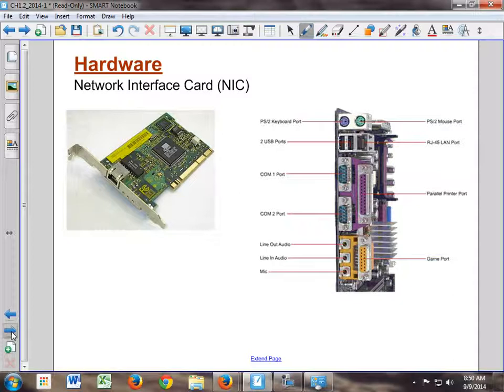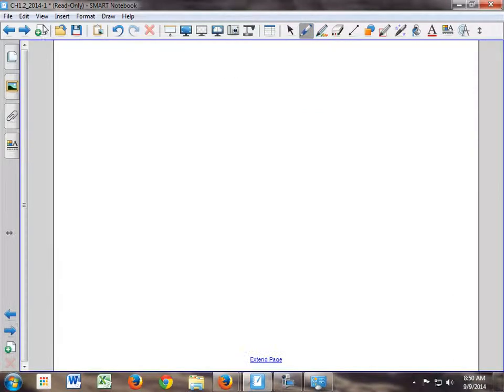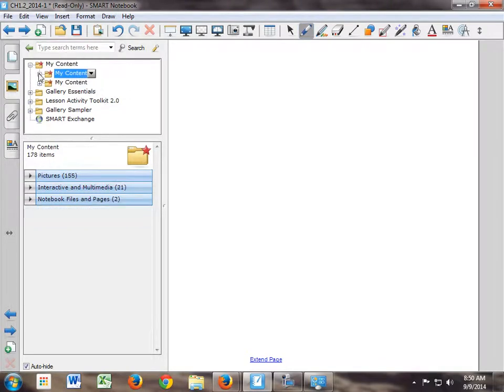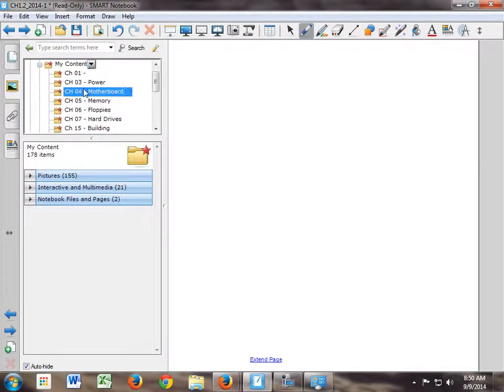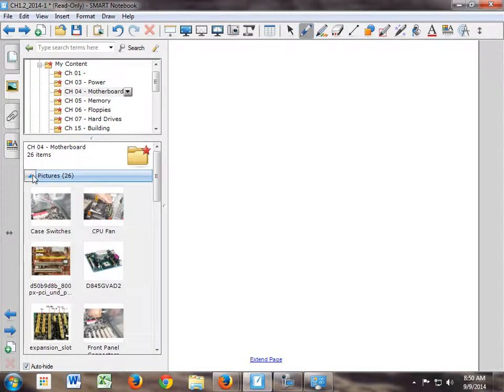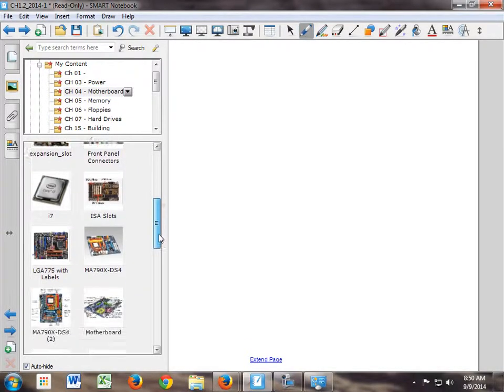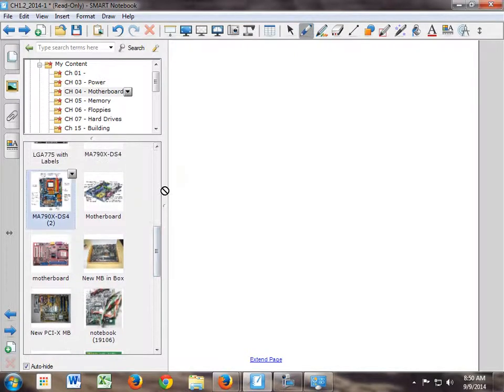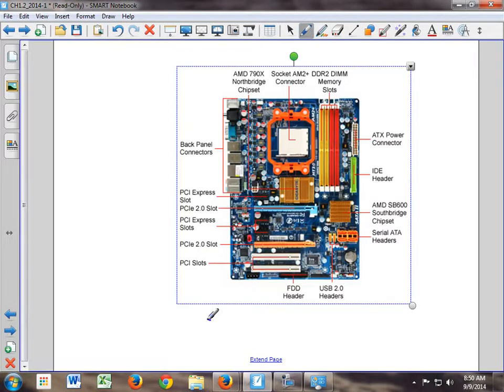Anyway, the other things that we have when we look at a motherboard, in fact, I'm going to go back to a motherboard picture here. When we look at a motherboard, we have integrated stuff that are part of the motherboard on this back panel here. And then we can add expansion things.